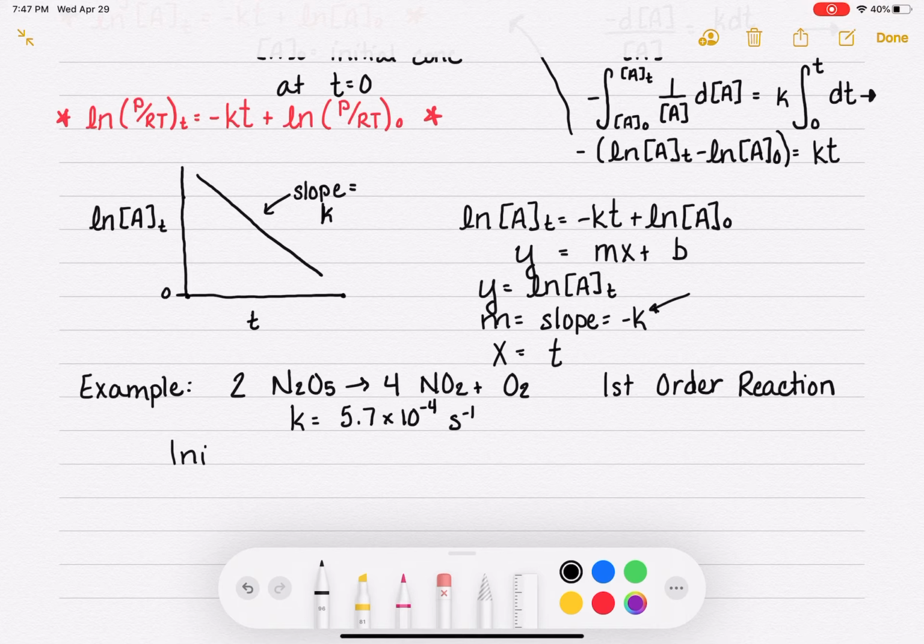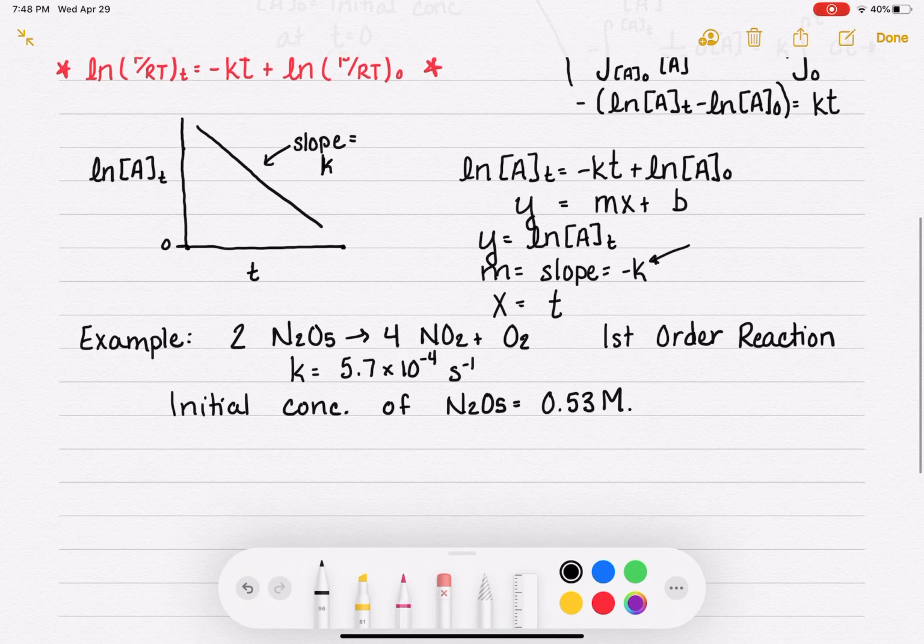The initial concentration of the N2O5 is 0.53 molar. And our question is, what is the concentration after 150 seconds?